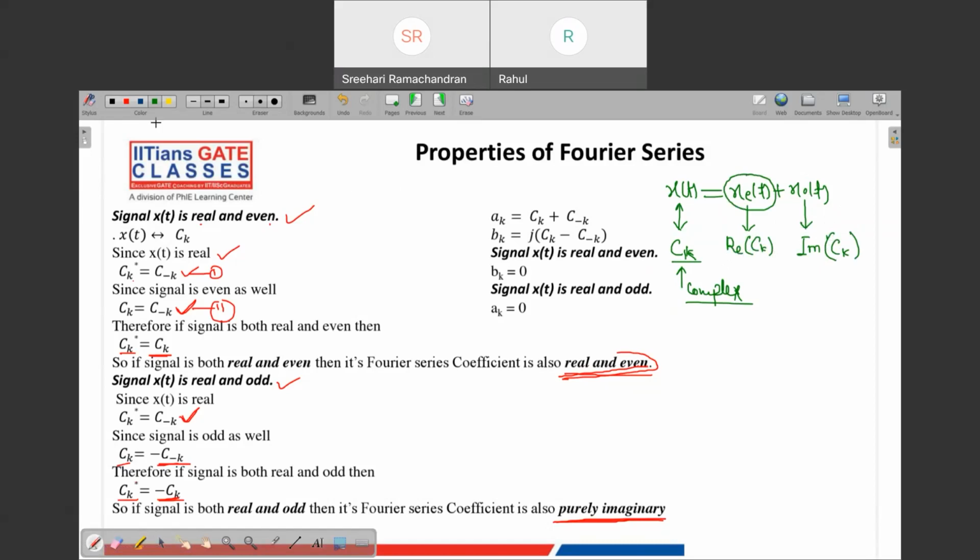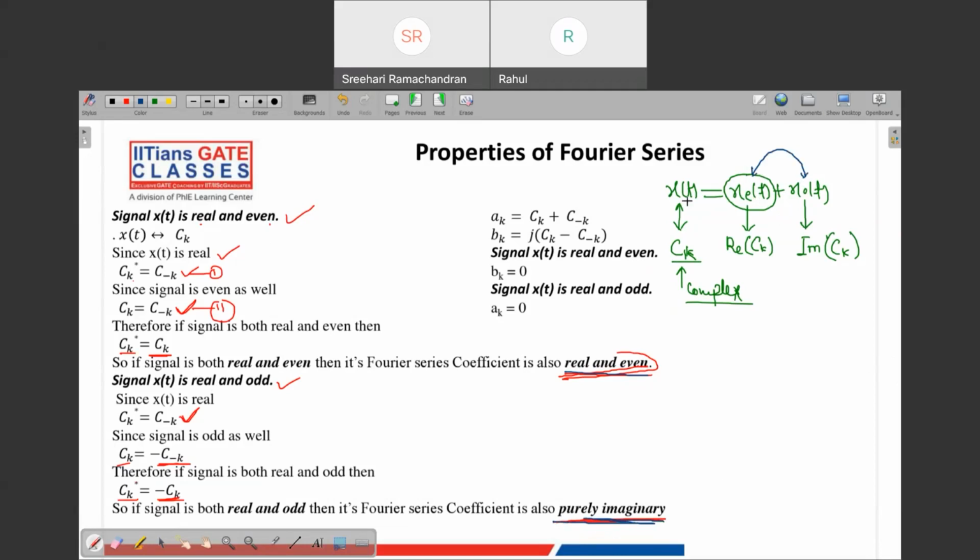So if the signal is perfectly real and even, its Fourier coefficient will be real and even. And if the signal is real and odd, the Fourier series coefficient will be purely imaginary. But in general, a signal may not be perfectly even or odd. It will be a combination of even plus odd signal.